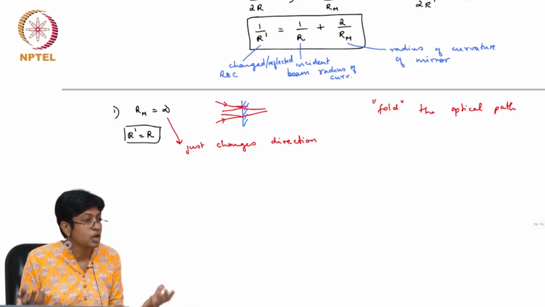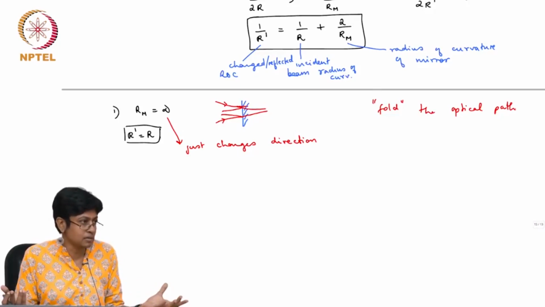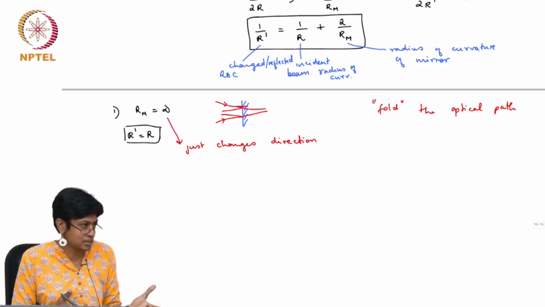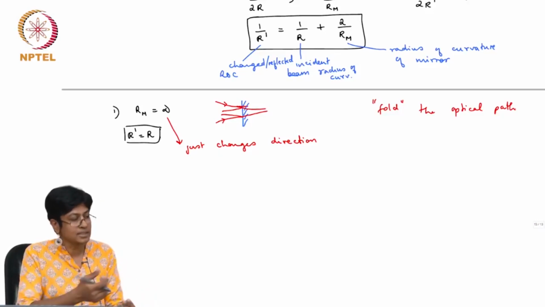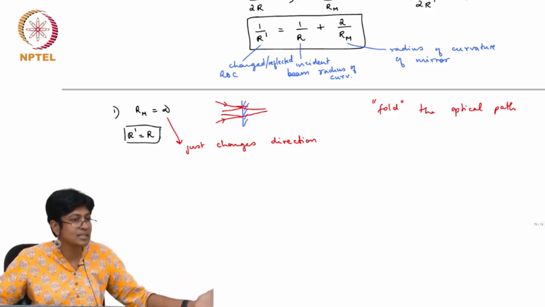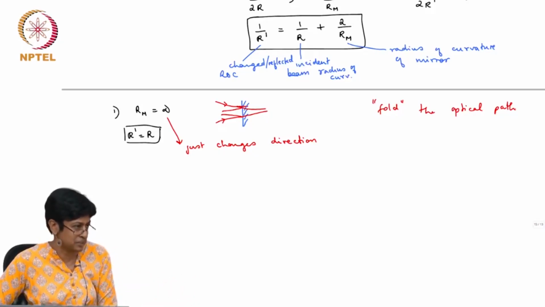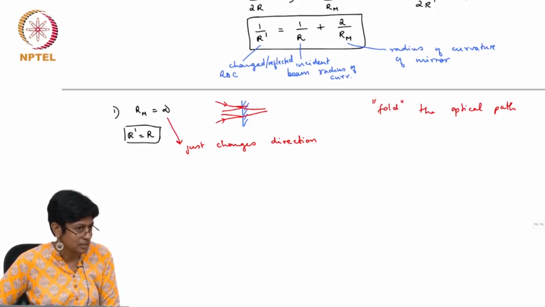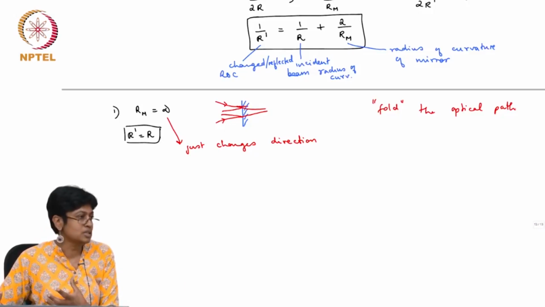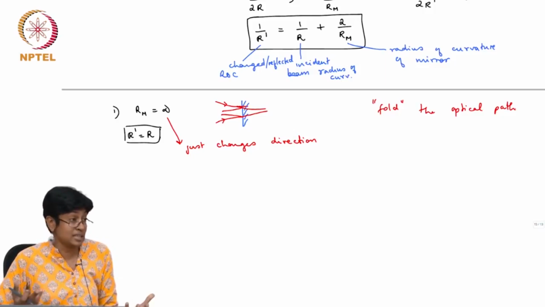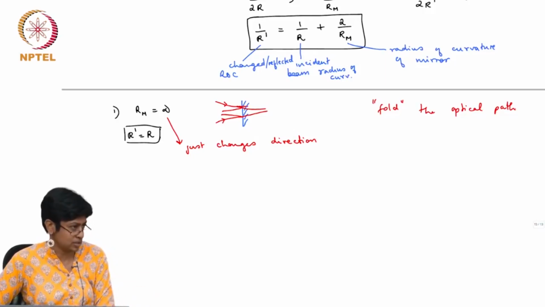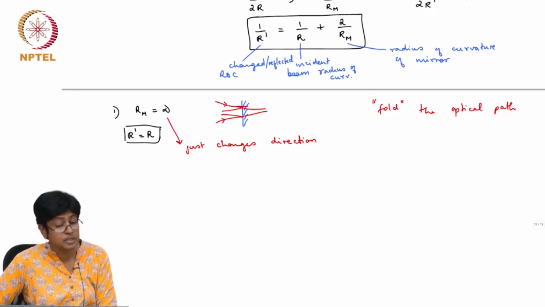You can just unfold your path if you have planar mirrors in your system and analyze it as if it lay on a single unbent optical axis, because all the mirror is doing is changing the direction of the optical axis, right? So for analysis, you might unfold and study your system, because a planar mirror only changes direction, okay?